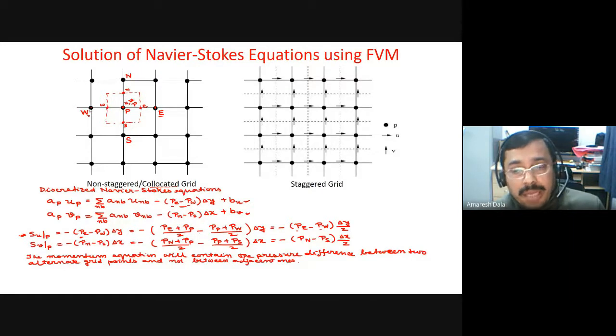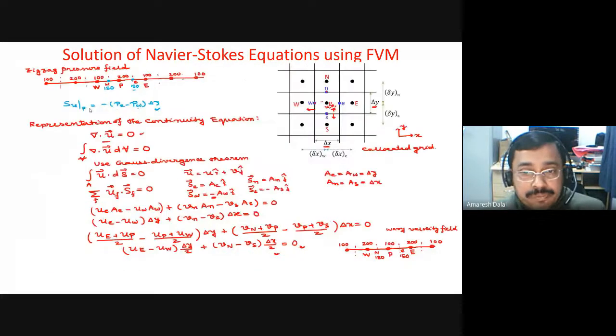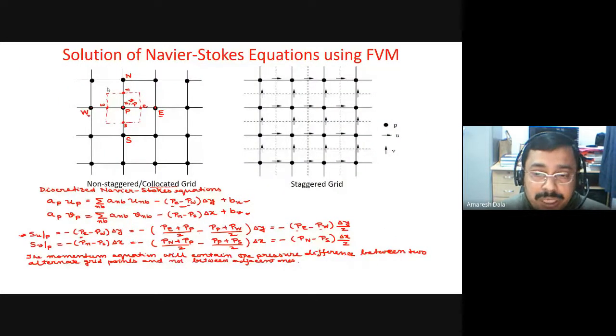And if we have some wavy pressure field, then we will see that it will become 0. So if you have a zigzag pressure field, let us say due to some oscillating pressure field, like 100, 200, 100, 200, then at east and west we will get 150 and 150, and if you see the previous equation, this will become 0.